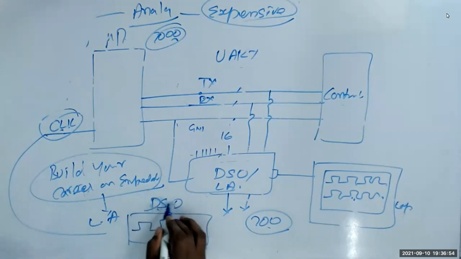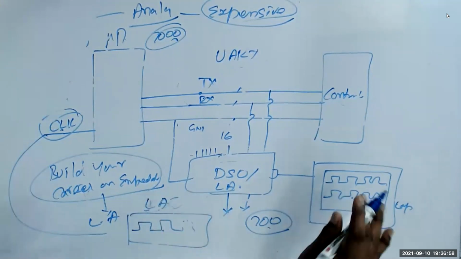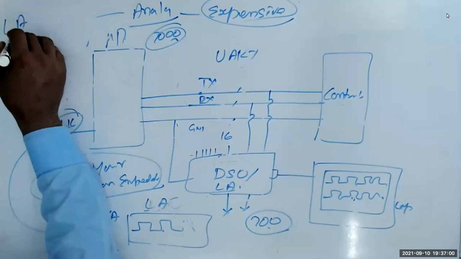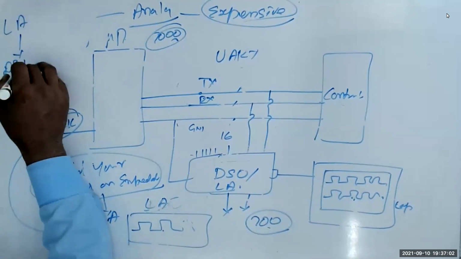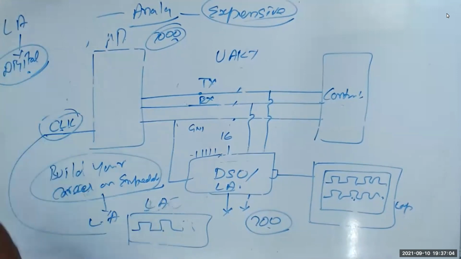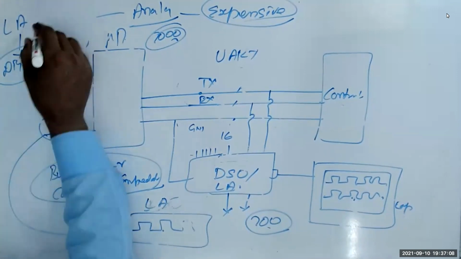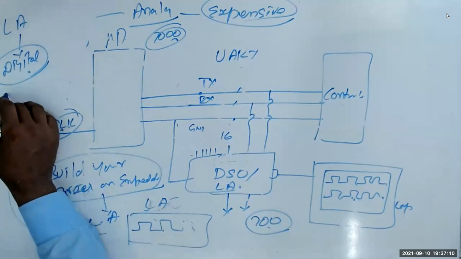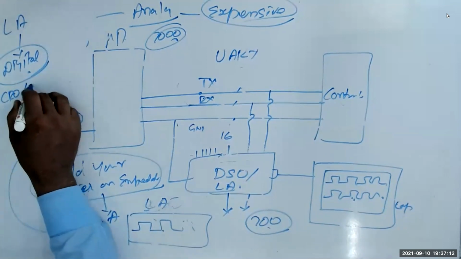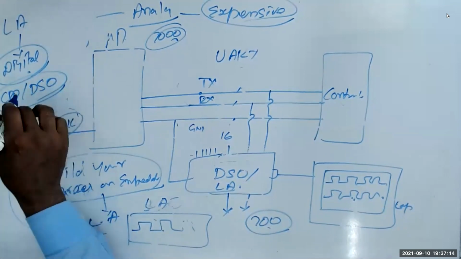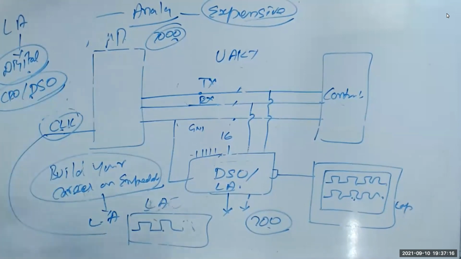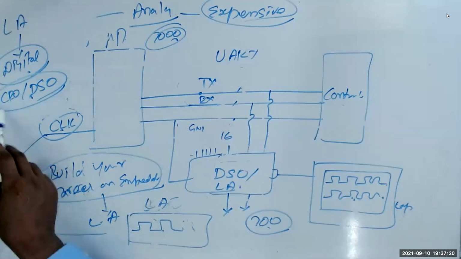So please understand the difference between CRO, DSO, and logic analyzer. A logic analyzer will capture only digital. LA is only digital, whereas CRO and DSO both capture analog. Today we don't use CRO. CRO is gone.